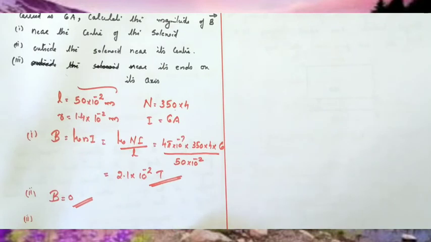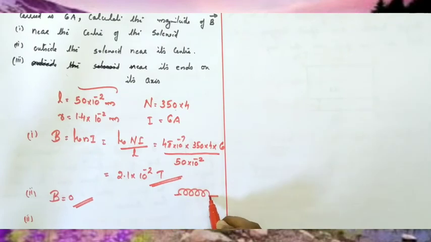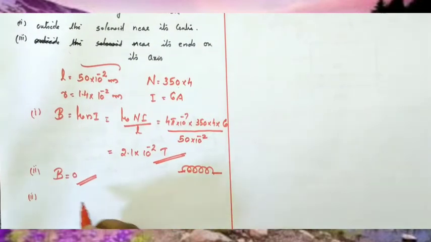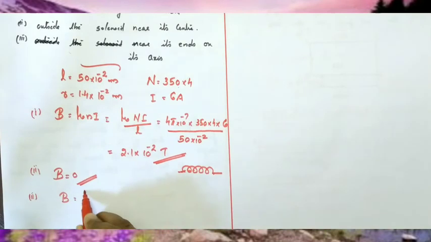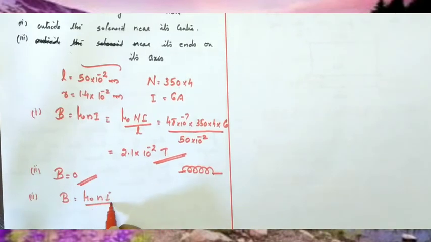Magnetic field near its ends on its axis. That means this is a solenoid. On the axis of the solenoid near its ends, what is the magnetic field? Magnetic field is given by the formula B equal to mu 0 Ni divided by 2.